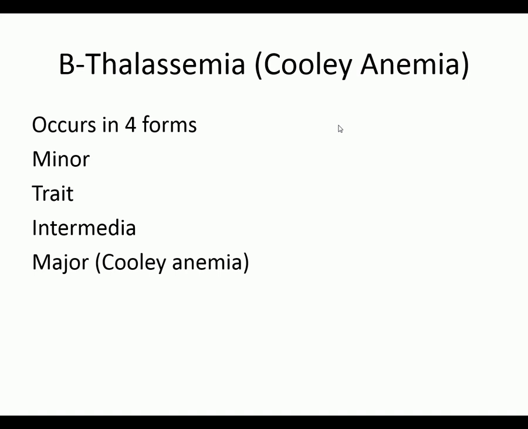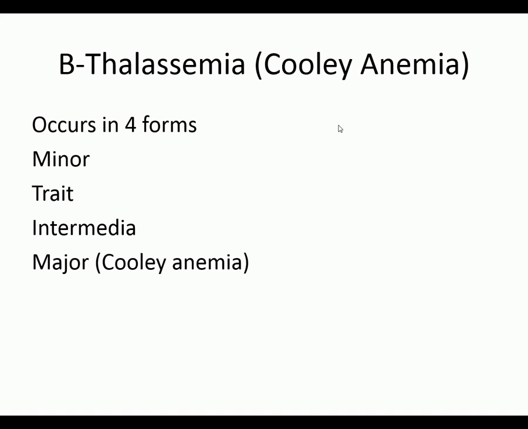Normal postnatal hemoglobin B is composed of 2 alphas and 2 betas, like I said before. In beta thalassemia, there is a partial or complete deficiency in the synthesis of the beta chains of the hemoglobin B. So there's a compensatory increase in the synthesis of alpha chains and gamma chains production.